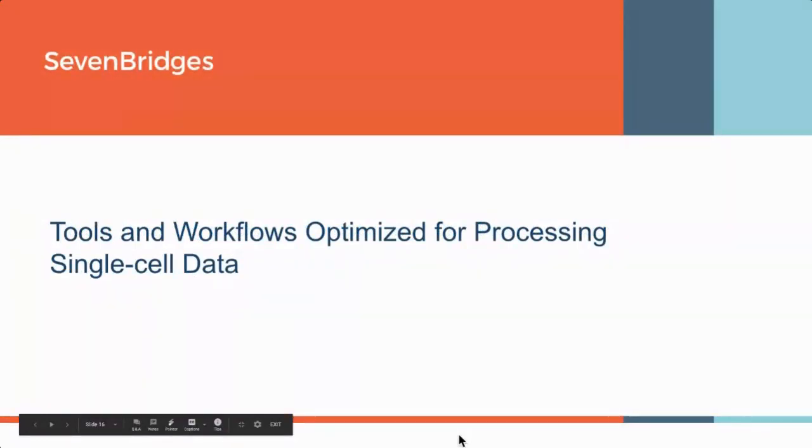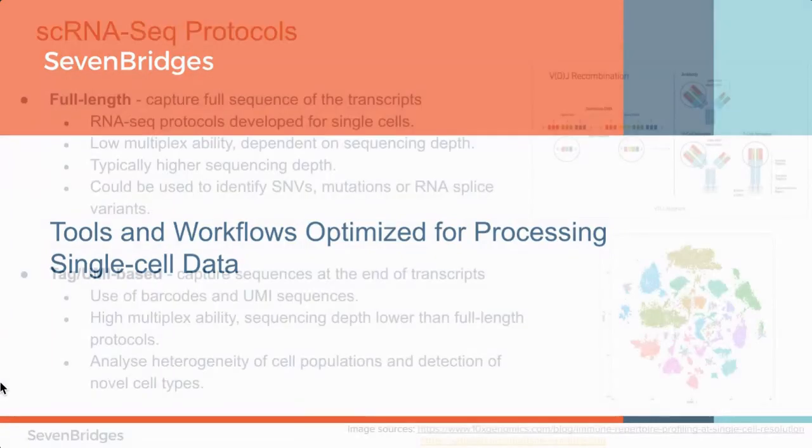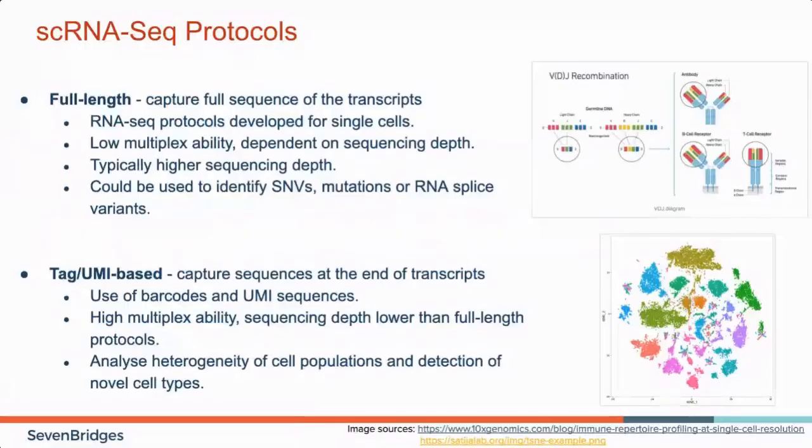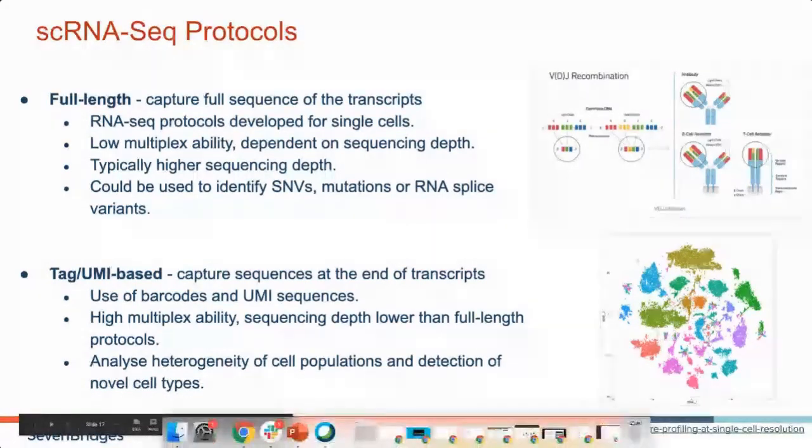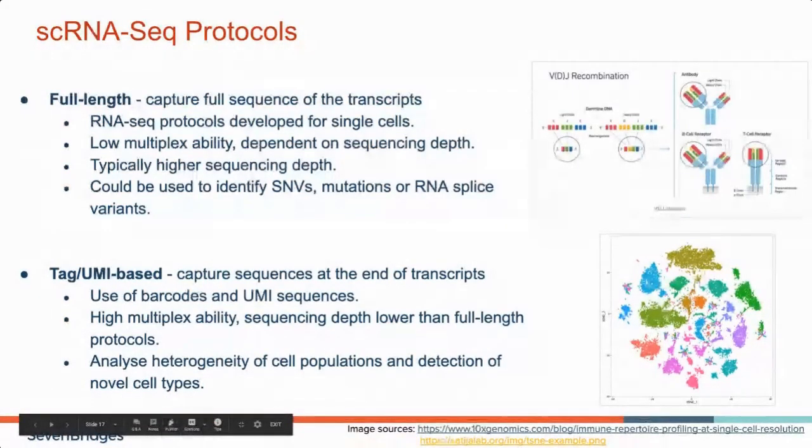Okay, we'll start off with presenting tools and workflows optimized for processing both UMI-based and full-length single-cell protocols. Next slide. One feature of single-cell analysis is the existence of a large number of sequencing protocols. The main difference between protocols is whether they capture the full length or just one end of a transcript.